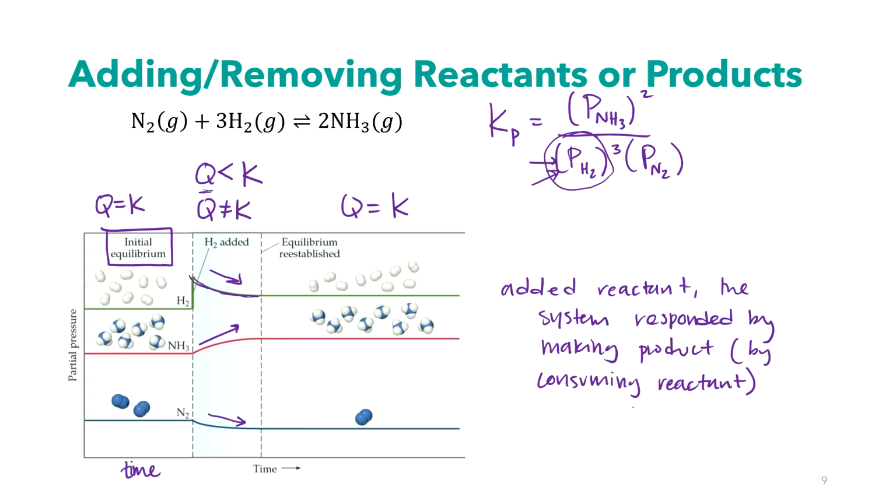Yes. If I add reactant, I am always going to be making that denominator bigger. And so my Q will always be smaller as a result of adding that. Specific to reactants. Okay. All right.